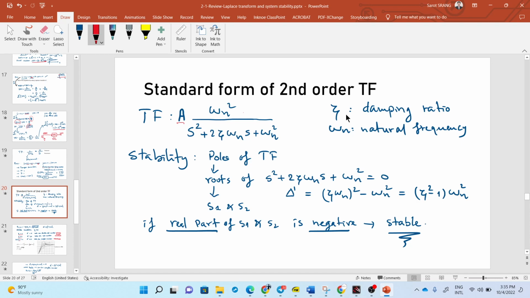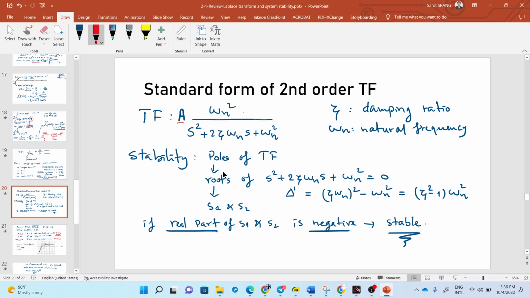Actually, for stability we don't need to look at the natural frequency. We look at the roots of the characteristic equation itself, or in transfer function terms we call them poles. Poles mean roots of the denominator, right?